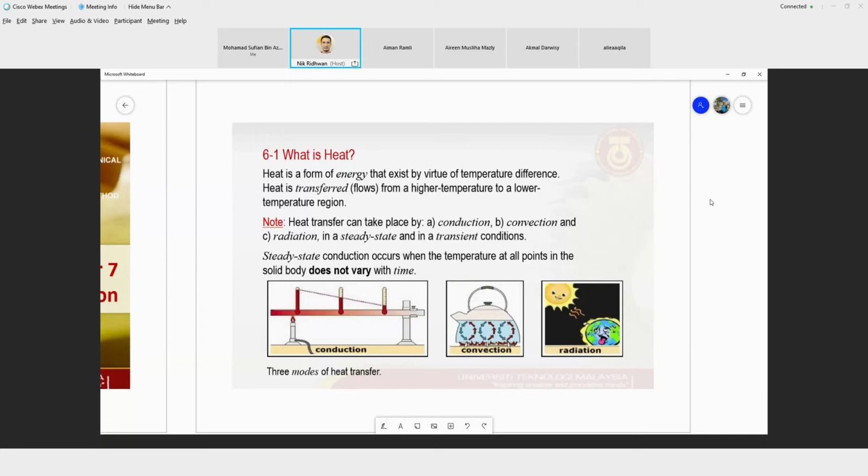In the loops we have ammonia, which will expand and condense in the system. The flow of the ammonia in the system will force the turbine to rotate. Then the rotating turbine will rotate the generator, so we can harvest the energy from the generator.